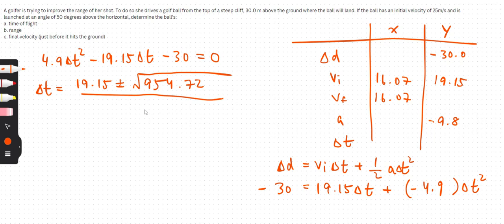Anyways, 2a is 2 times 4.9, which is 9.8. And let's see what we get. There's going to be 2 answers again. Yes, okay. 5.1 seconds. And actually, if you do the negative one with 19.15 minus the square root thing, you're going to get a negative number. So let's just stop here and say that the time of flight is 5.1 seconds.